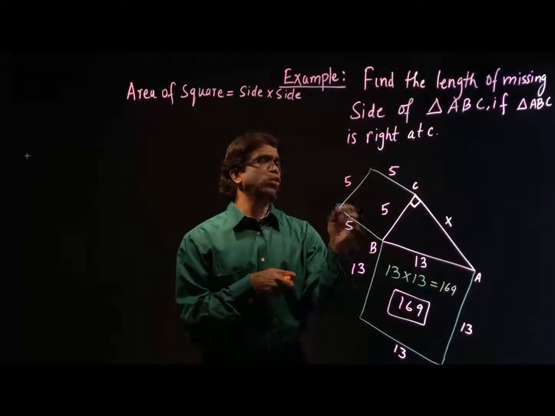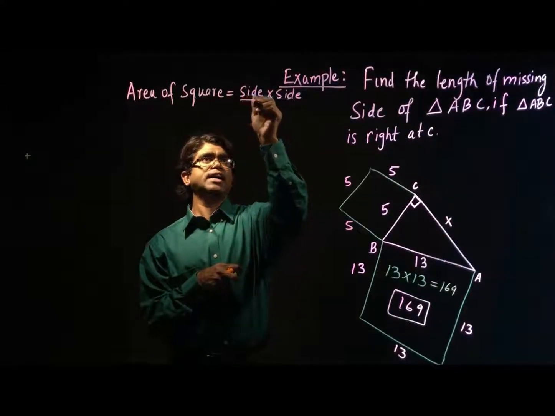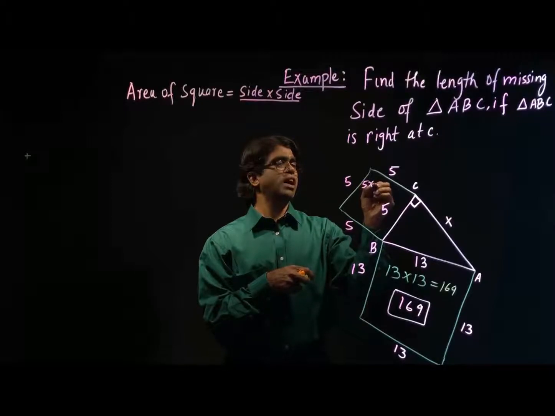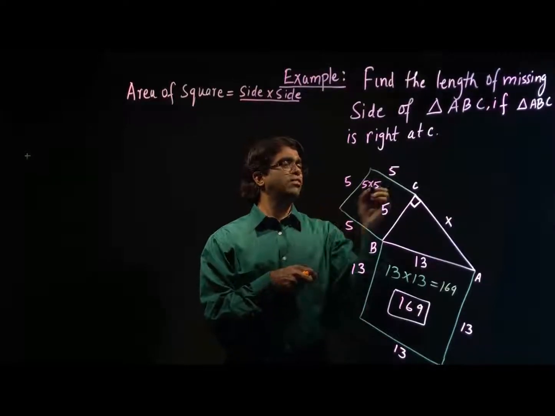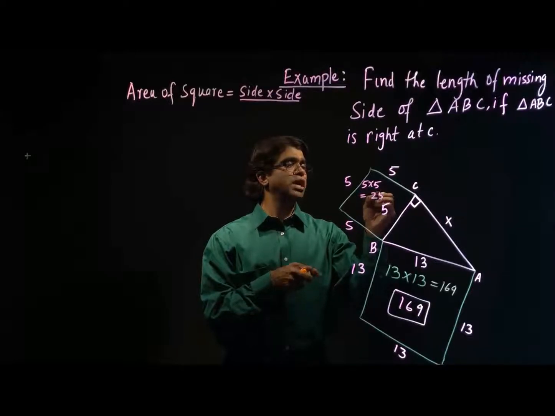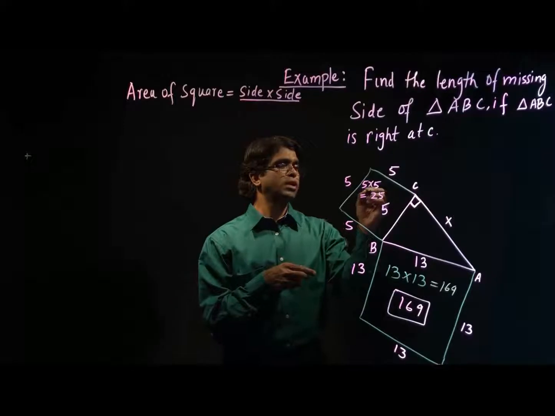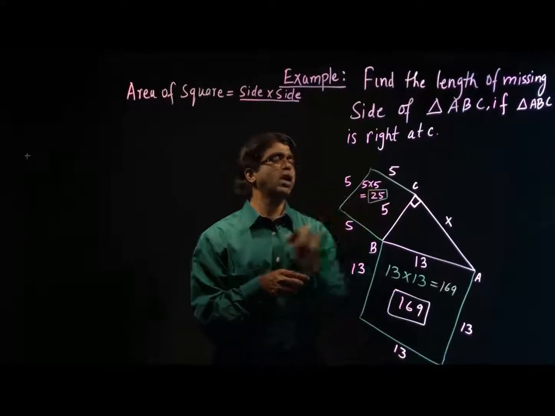If I follow the formula, side times side, I will write 5 times 5, and we know that 5 times 5 is 25. The area of this square is 25 square units.